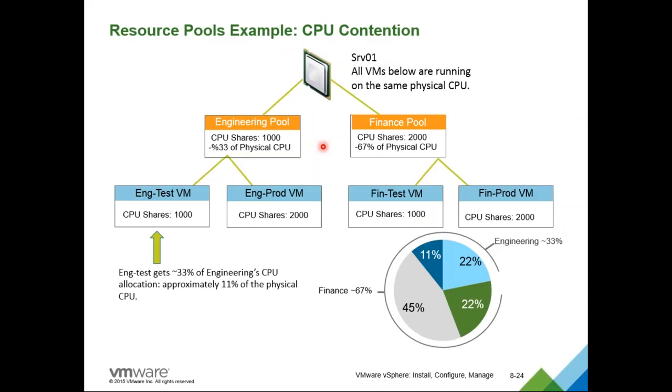In real time, you may have various resources available. In the sense, you might have 7,000 or 10,000 shares available on your ESXi host. Based on that, you have to calculate and create the resource pools. Any questions on this slide?